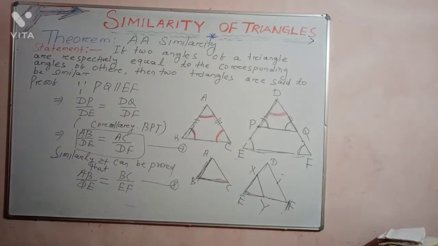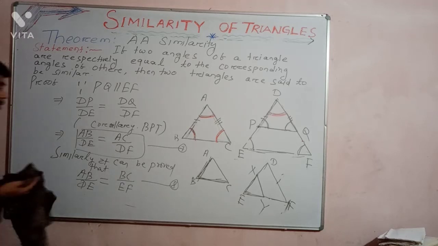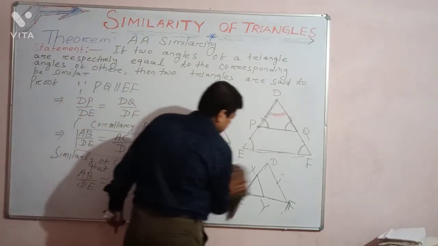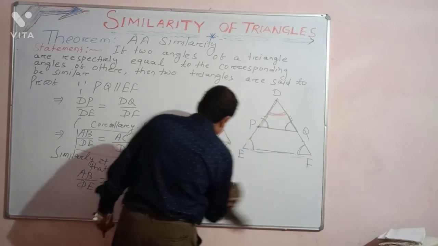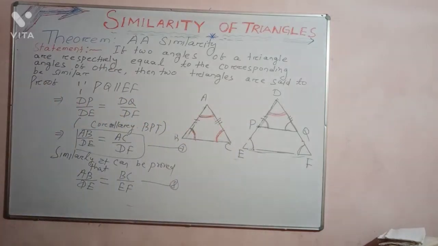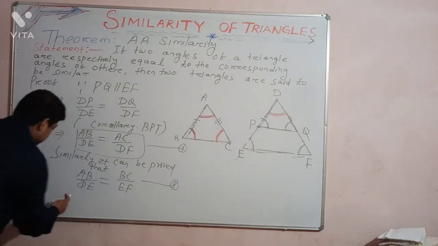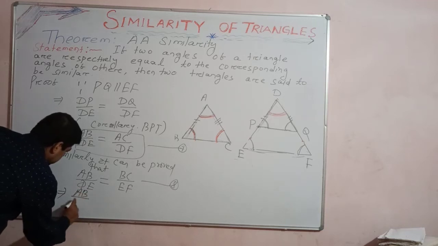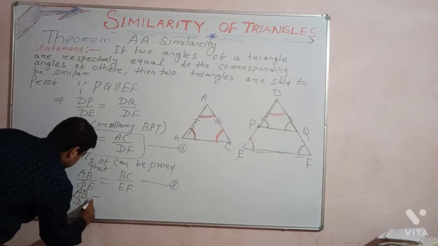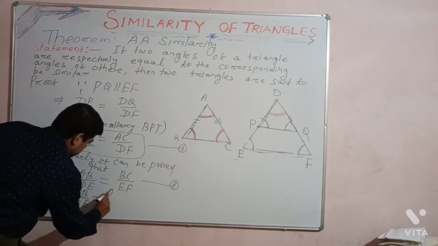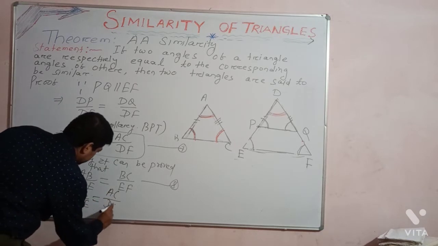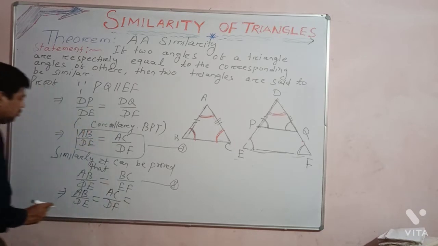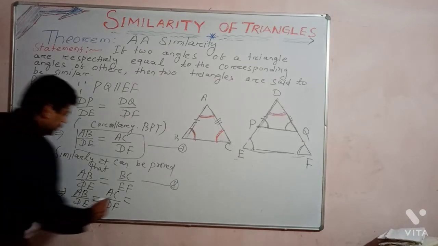So from 7 and 8, we got that the ratio of their corresponding sides are equal. Thus it is proved that AB upon DE is equal to AC upon DF, which is equal to BC upon EF.